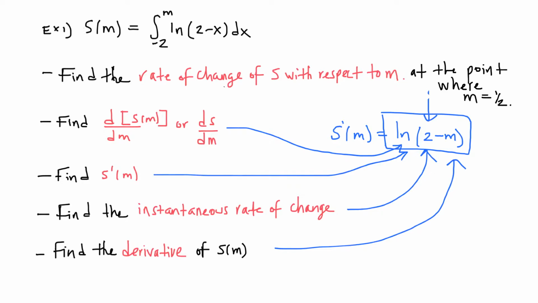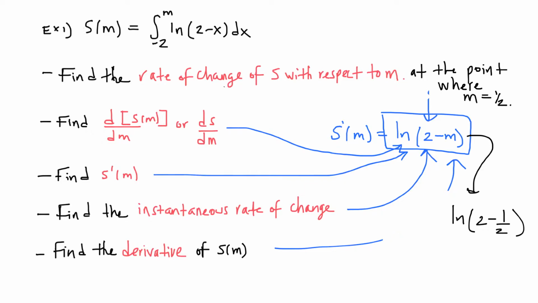So what do you do there? You still do ln of 2 minus m, but then at the end you evaluate it. So then you would say that's the ln of 2 minus a half. First take the derivative, and then after you take the derivative, evaluate or plug in the value.